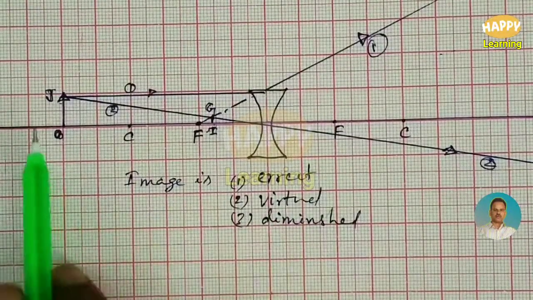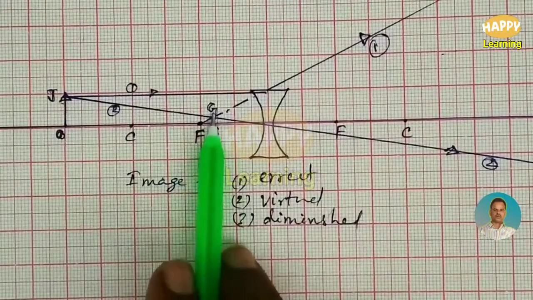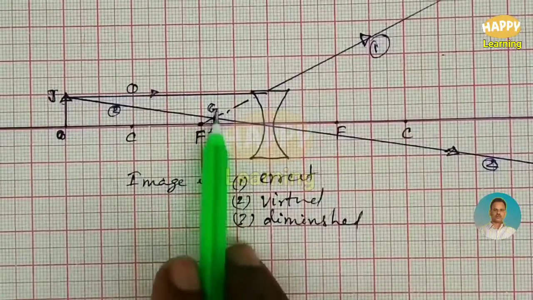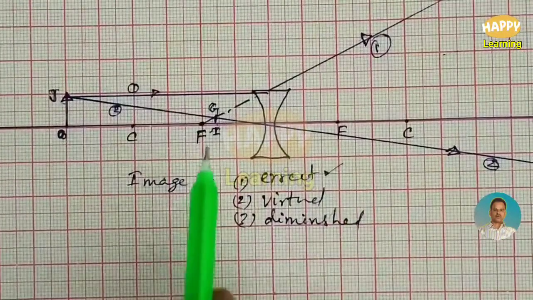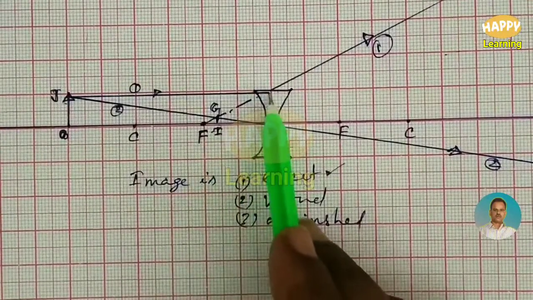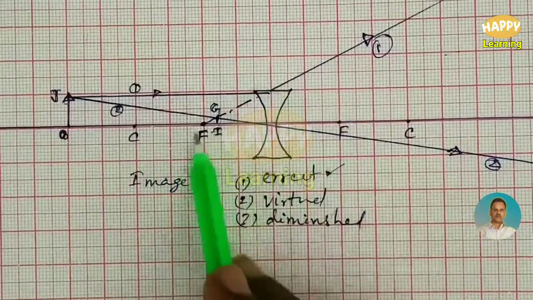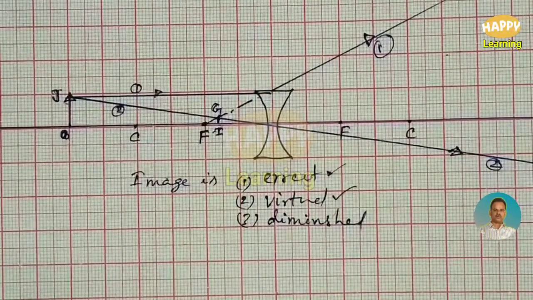It is erect. This object arrow is headed up, so this image also has its head in the upward direction. So upside up, that is called erect. Then because these lines are intersecting when you extend the rays back, this is said to be a virtual image.